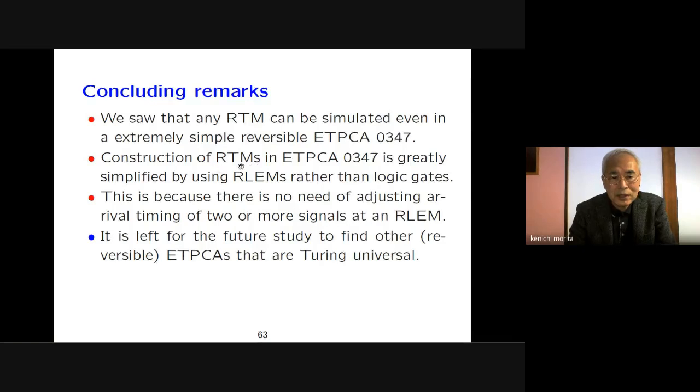Construction of RTMs in ETPCA 0347 is greatly simplified by using RLEMs rather than logic gates. This is because there is no need of adjusting the arrival timing of 2 or more signals at an RLEM. But it is left for future study to find other reversible ETPCAs that are Turing universal.